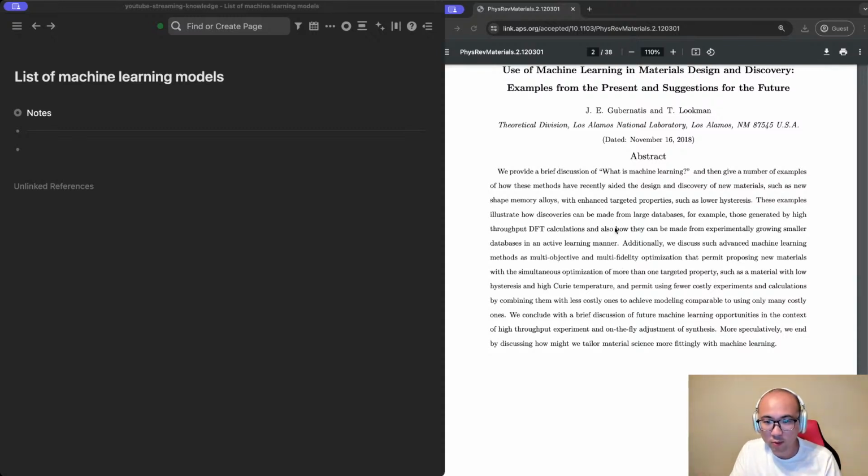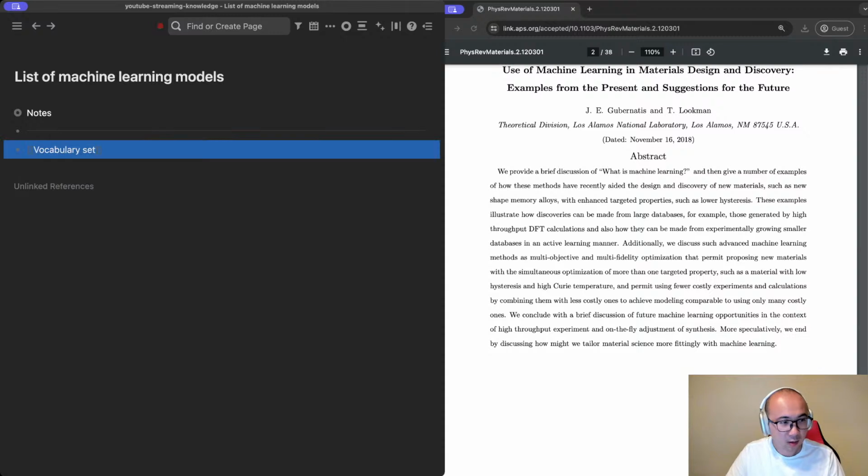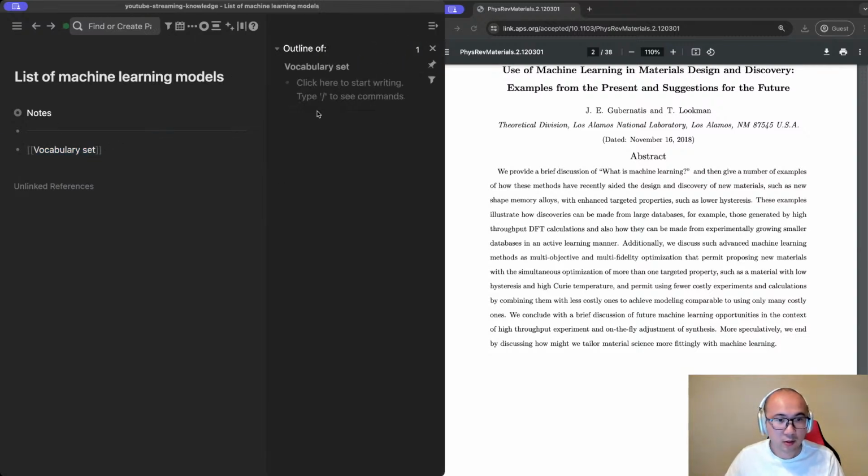Also, I think it is really important to understand different words. So in here, I'm going to create a vocabulary set. Every important vocabulary will be summarized here. The vocabulary set should be separate.